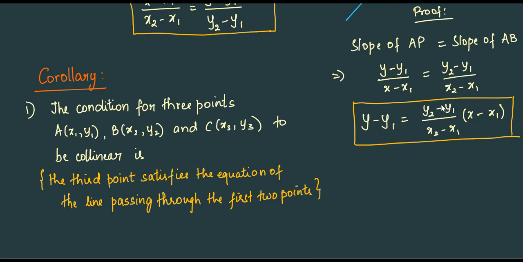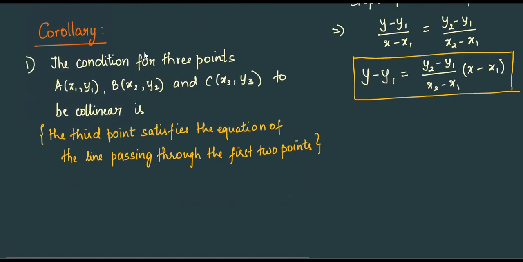The equation of the line passing through A and B is this. Now the third point (x3, y3) satisfies this equation. That means when you substitute, the left hand side will equal the right hand side. So you get y3 minus y1 is equal to (y2 minus y1) upon (x2 minus x1) times (x3 minus x1).